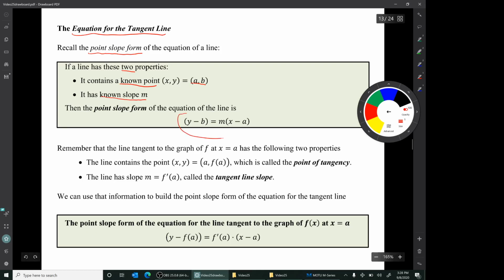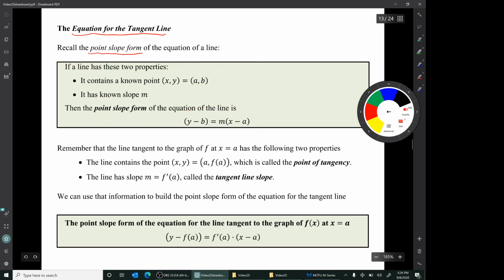You just build this expression, y minus b equals m times the quantity x minus a. So you just take the x and y coordinates of your known point, and you take the number that's the known slope, and you plug them into this form, and you get a line equation.